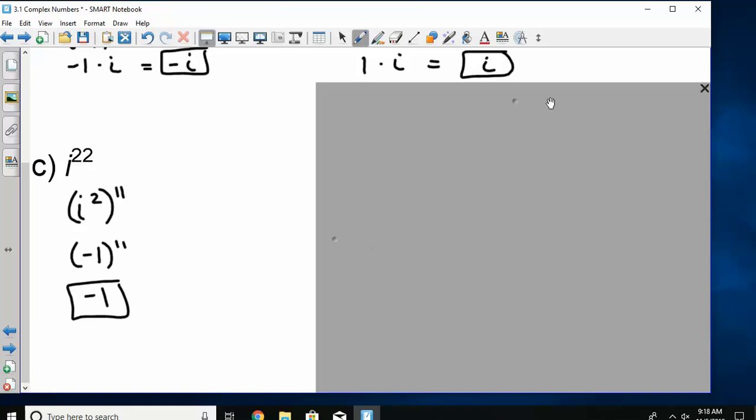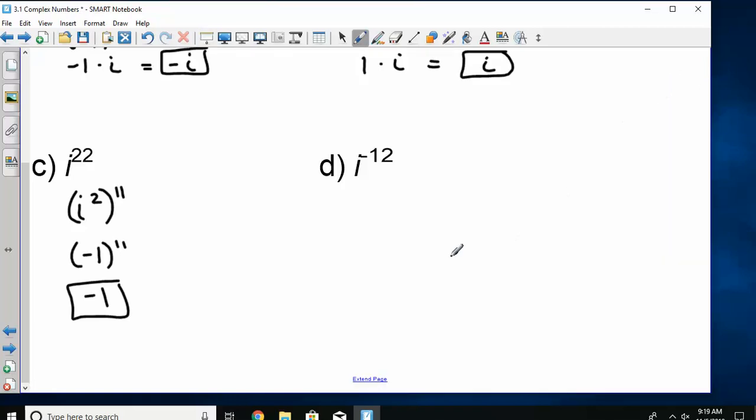Alright. I'm going to throw a curveball at you this time. This is i to the negative 12th power. You could do it a couple of ways, but that would be one option. What does a negative power do? Puts it on the bottom.